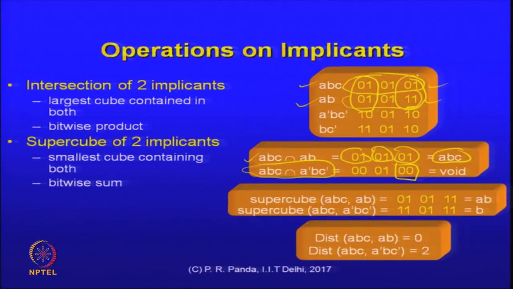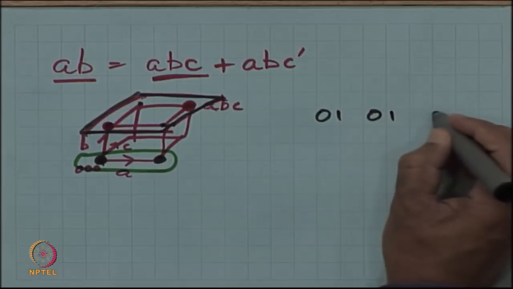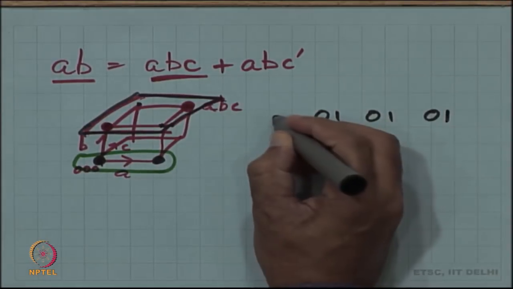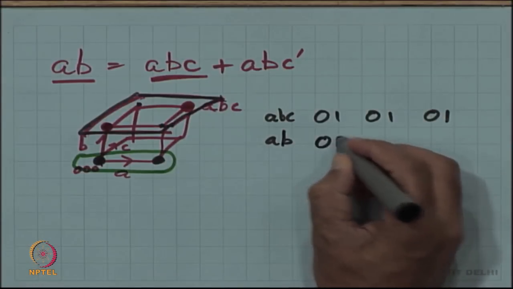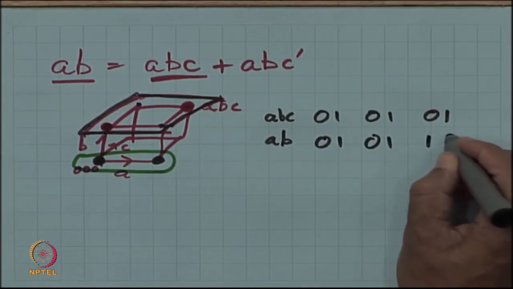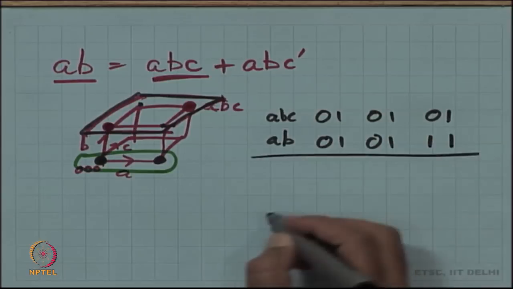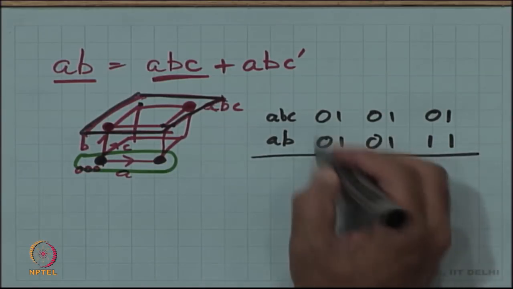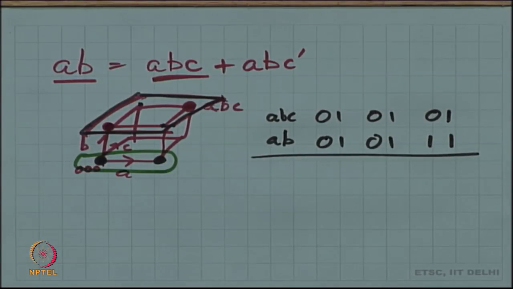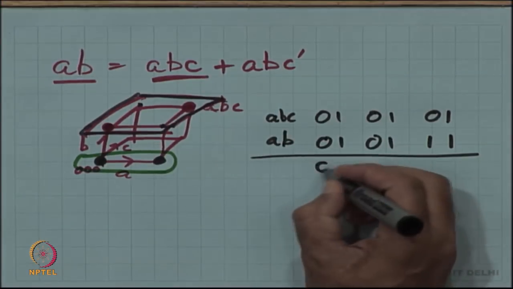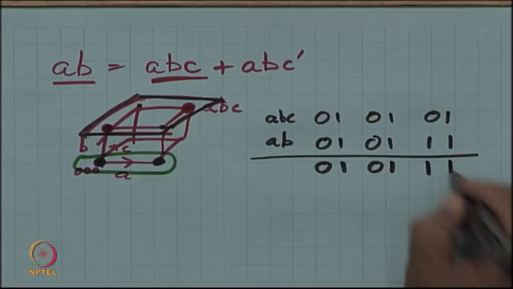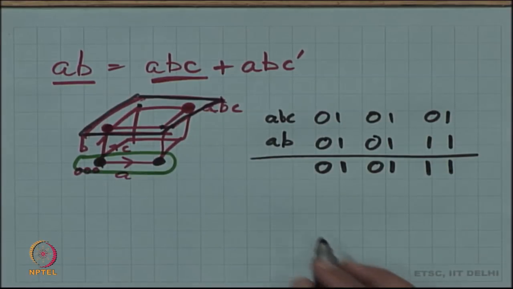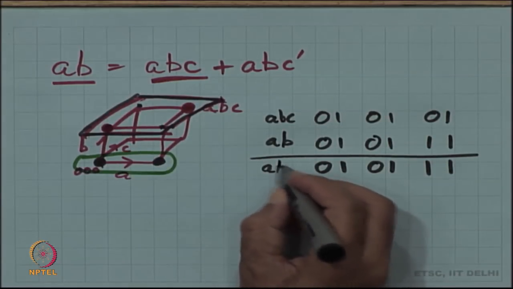This is 0 1 0 1 0 1 for ABC, and for AB I have the supercube would be the bitwise sum of these. So, which is 0 here, 1 here, 1 here, 1 1. What cube is this? This is AB itself.